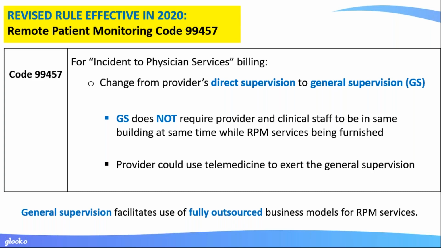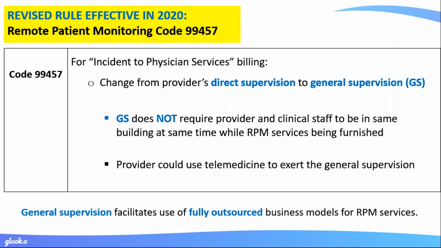And this thing about direct supervision and general supervision, you can see here effective in 2020. When the initial rollout of these codes came in 2019, it said that these codes had to be furnished under direct supervision. They have changed that because of all the complaints that have gone into CMS Medicare from practitioners just like you.